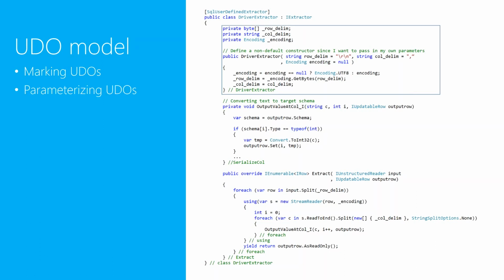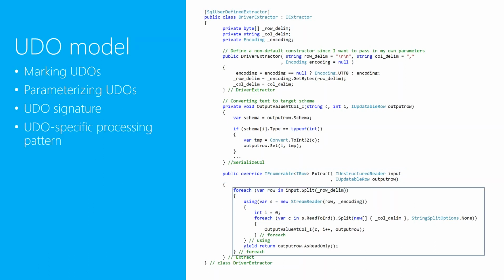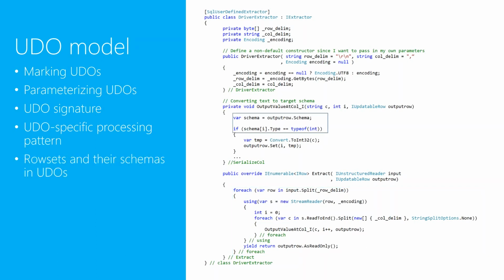You can do the parameterization of the UDO. You have the UDO signature, and then you have the UDO specific processing pattern. In this case, you saw a reducer earlier. In this case, you see the extractor row processor model. Also, you have access both on the input and on the output side to the schemas that are provided.